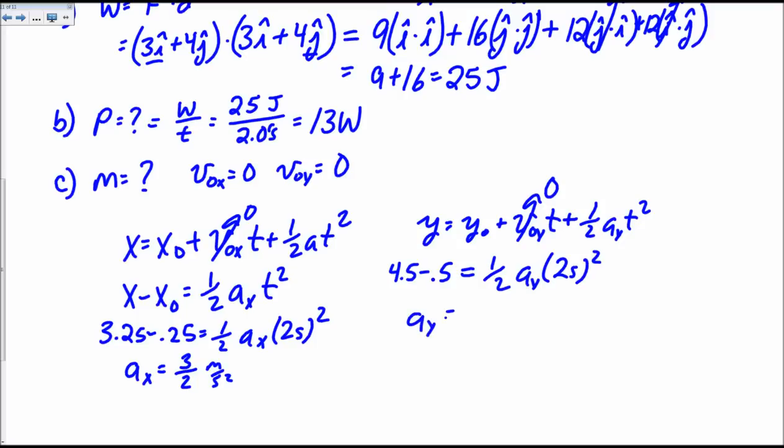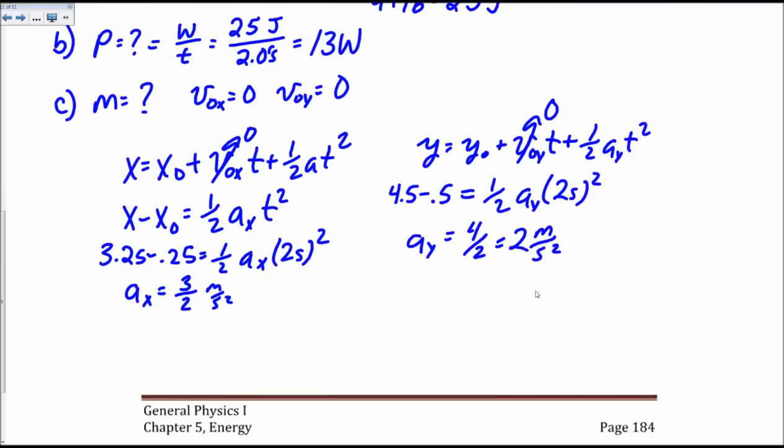Then I find ay is equal to 4 over 2, which is 2 meters per second squared. So now I can write my acceleration in vector form as 3/2 I plus 2j.